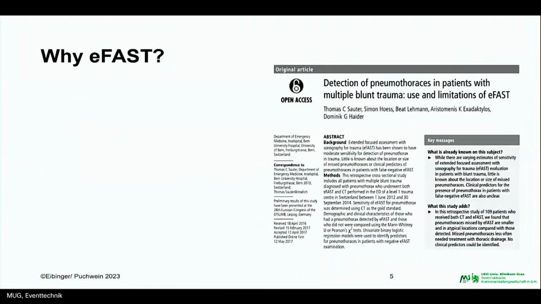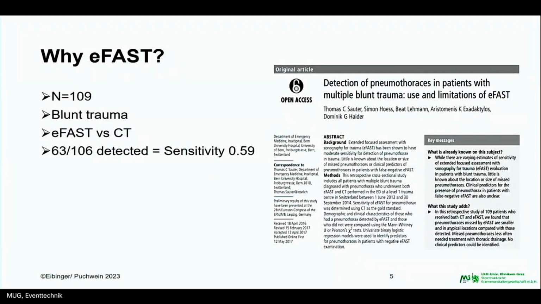Another study that was only focused on the pneumothorax, they included 109 patients, only blunt trauma patients. They matched eFAST versus CT scan. And here you see, if you compare it with the CT, you have a gap. Yeah?